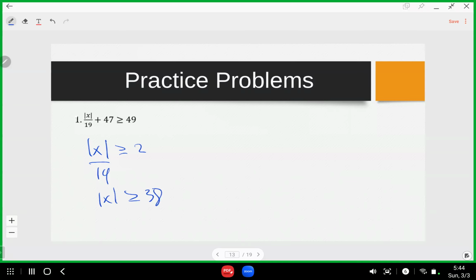If you got a closed interval, you should not have gotten a closed interval, right? Because it is a greater than or equal to sign. That means it is an or inequality. So we can put this into x is greater than or equal to 38, or x less than or equal to -38.